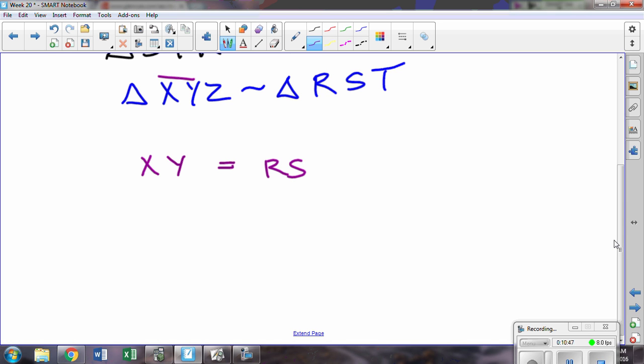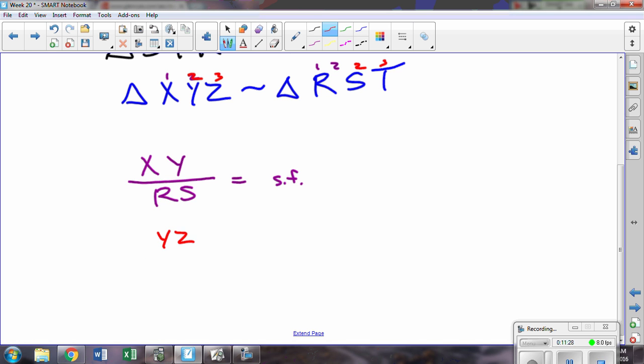Well, that will not be the case anymore because, of course, they don't have to be the same size. However, we will still use the relationship of position 1, 2 matching position 1, 2. Instead, what we get is position over position equals your scale factor. 1, 2 matching 1, 2. And continuing 2, 3 matching 2, 3, we could write up YZ over ST will equal your scale factor.